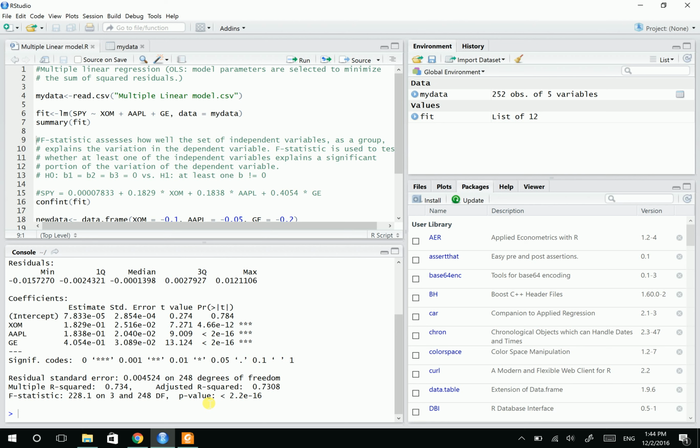So the adjusted R square is adjusted using the number of independent variables. So this is R square.